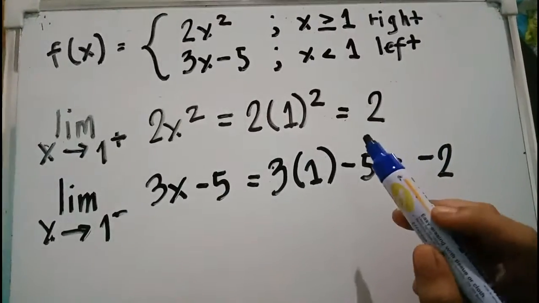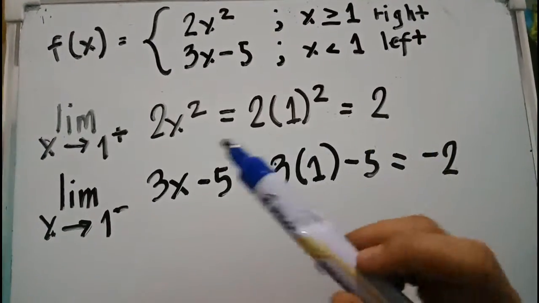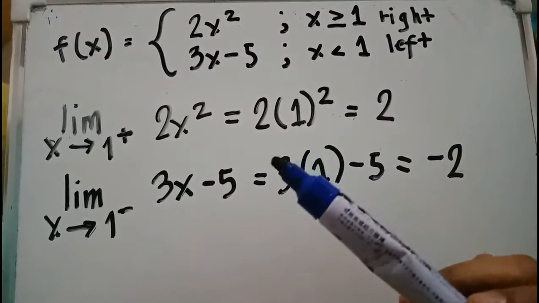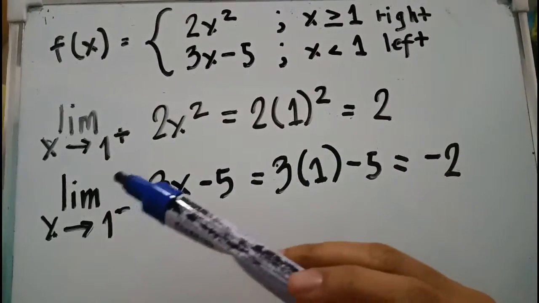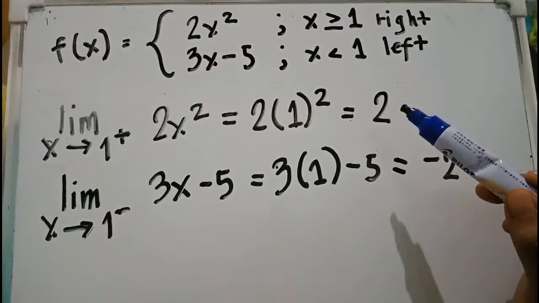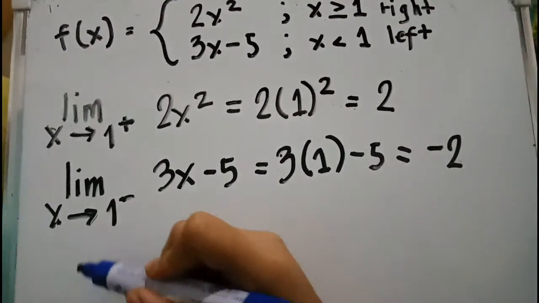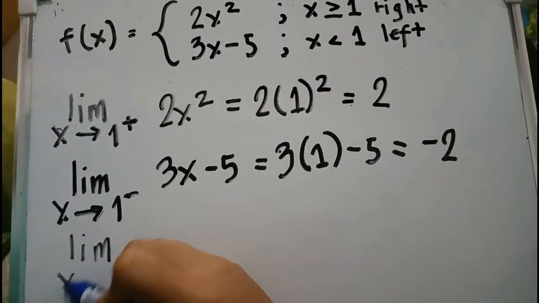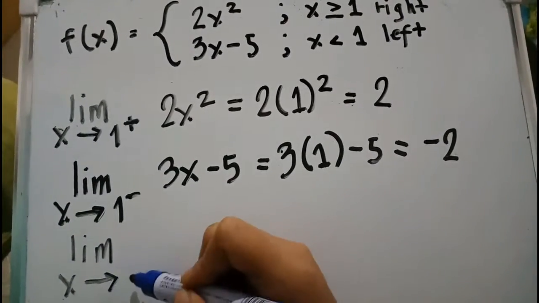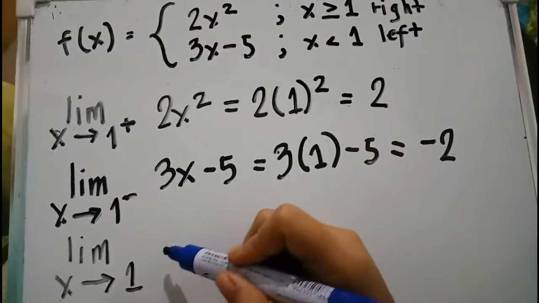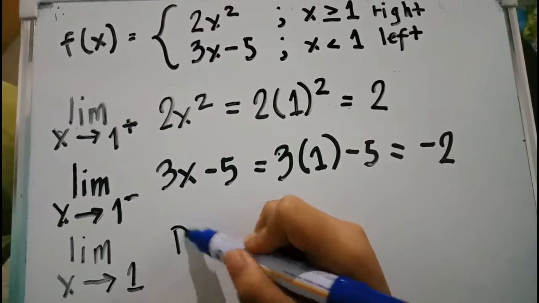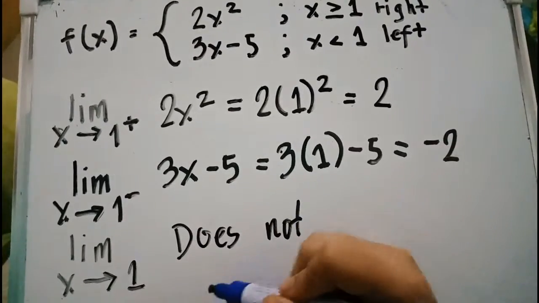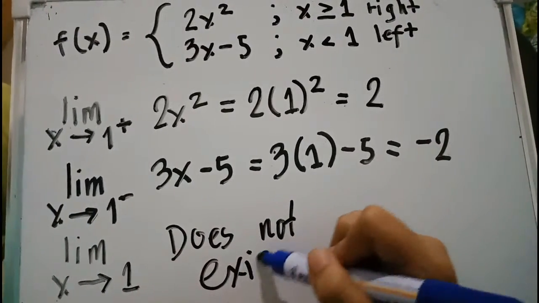So as you can see, the two limits with different directions don't have the same answer. So it only means that the limit as x approaches 1 does not exist.